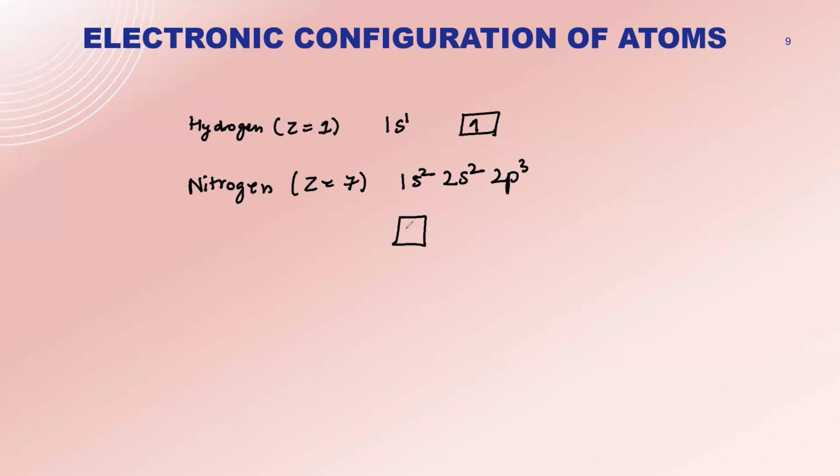So how it looks like this. 1s2, 2s2, 2p3. Hope this is clear.